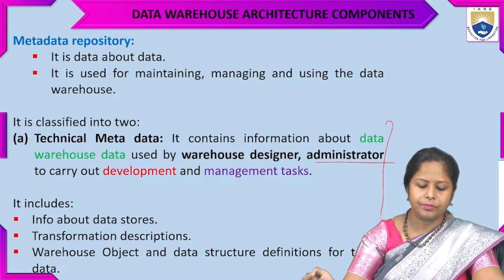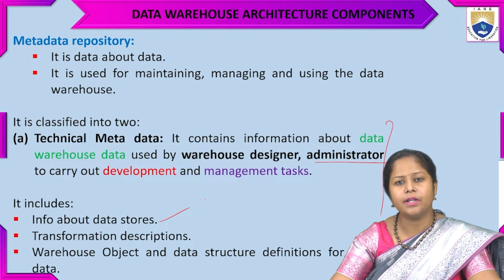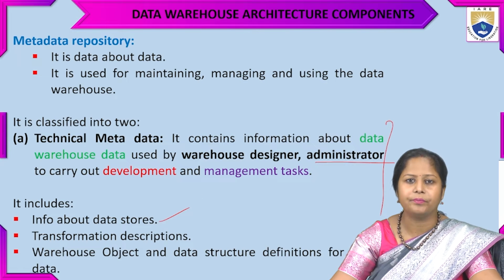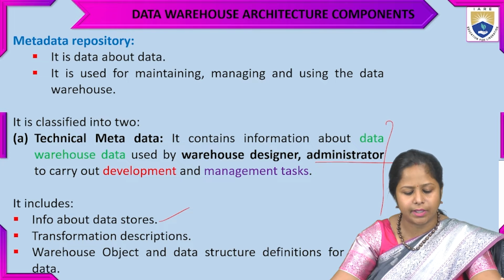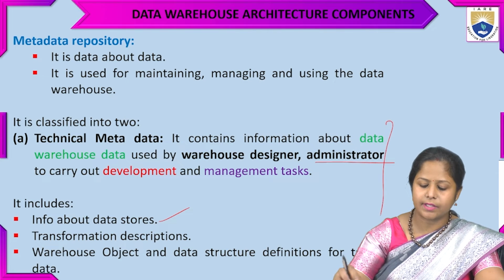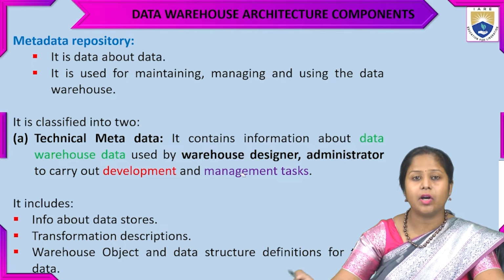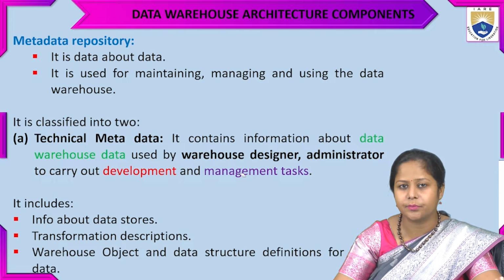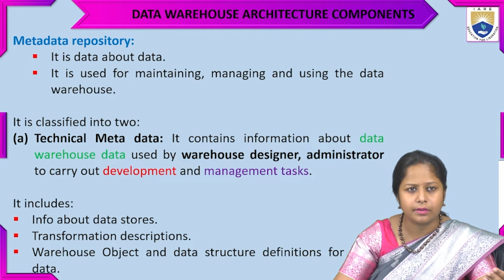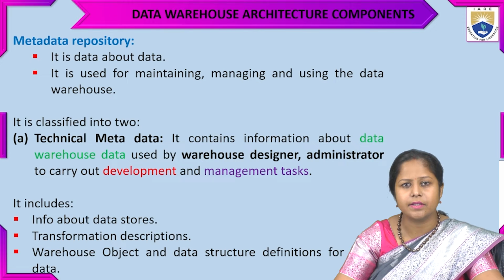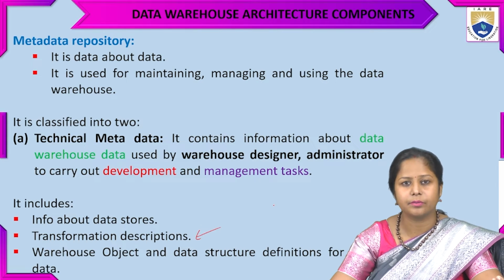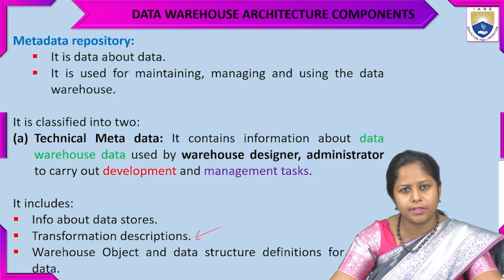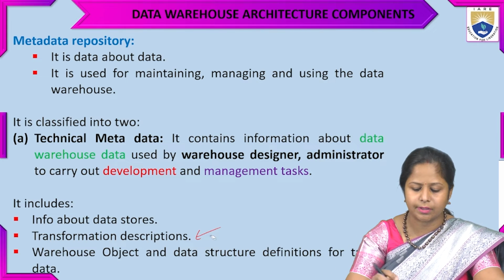So what it includes is the information about the data stores, where the data has been stored. It will also tell about the transformation descriptions: what transformations have been applied by us, when the data has been transferred into another format, so that the description will be there to see that.